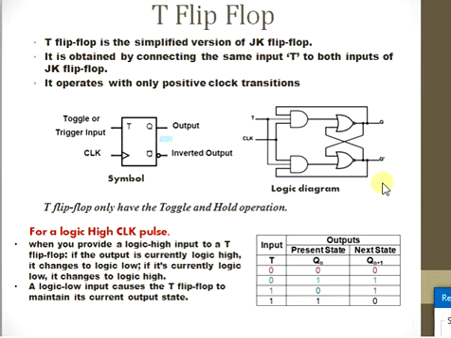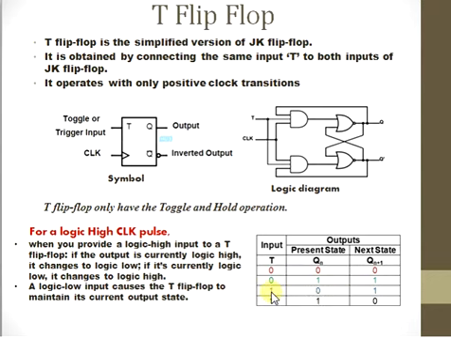You can see it here. If you are giving T input 0, whatever the current state of Q is remains the same. So when there is a clock pulse, whatever the state is remains the same. If it is 0, it will be 0, and when T is equal to 0, if Q is equal to 1, the next state will be the same, 1.